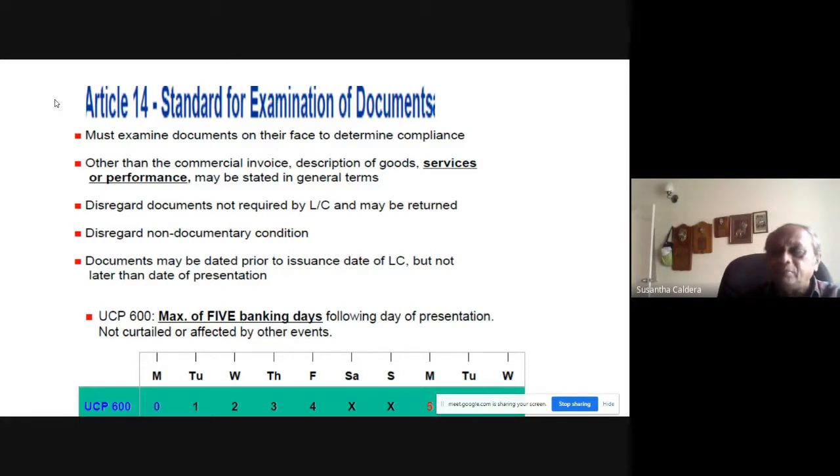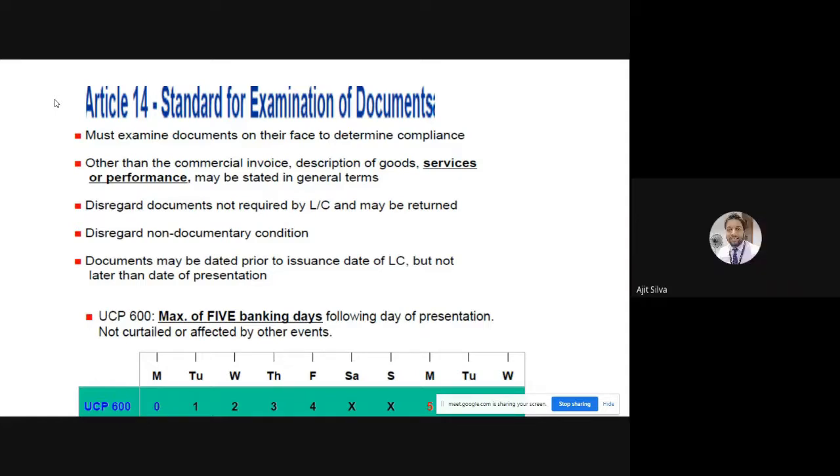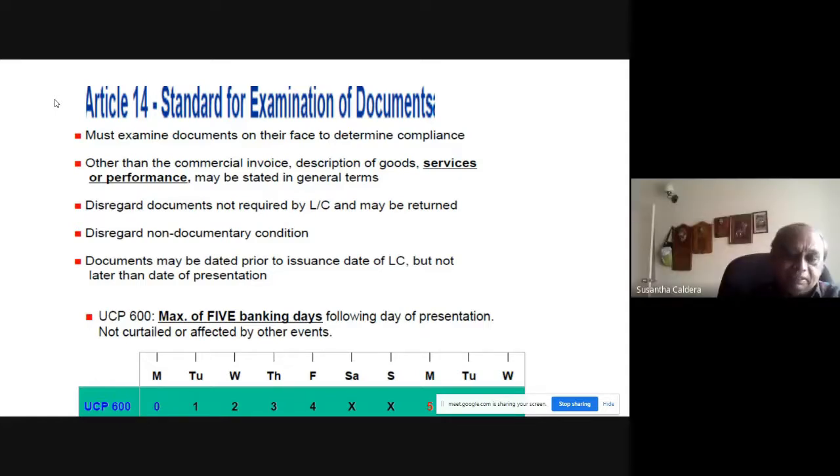And how many days do you have to check the documents and transmit them to the issuing bank? 5 banking days. So when you are checking the documents, you will come across certain documents, right?